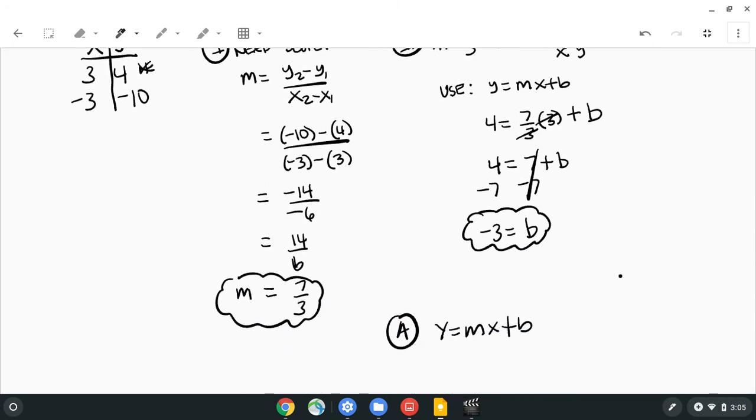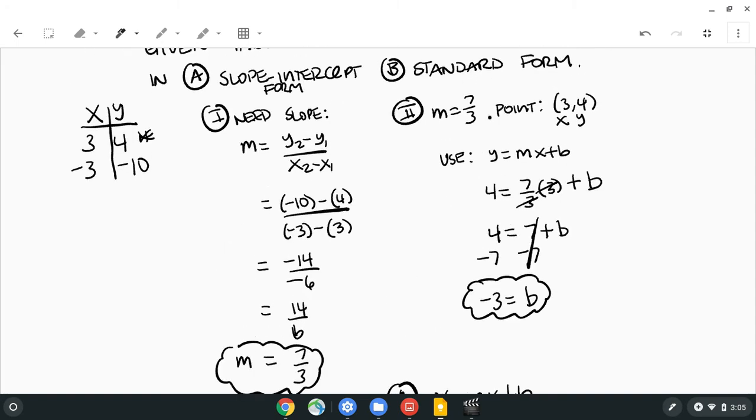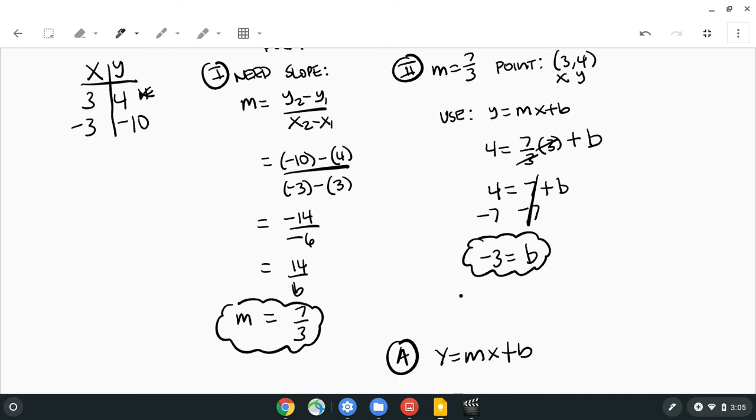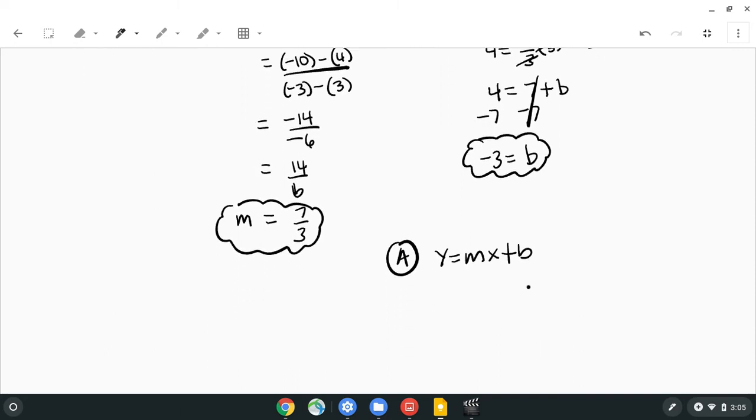So let's do part A, slope-intercept form. We use these and plugged it into here to find b, which now allows us to write the equation. Once you have m and b, you can write the equation, and it's going to look like this: y equals 7/3 x minus 3. So this here is slope-intercept form.